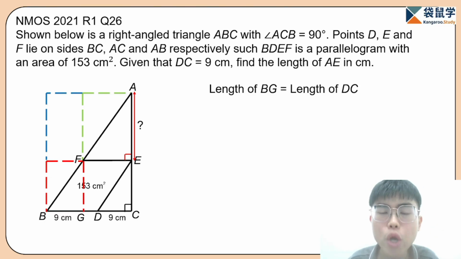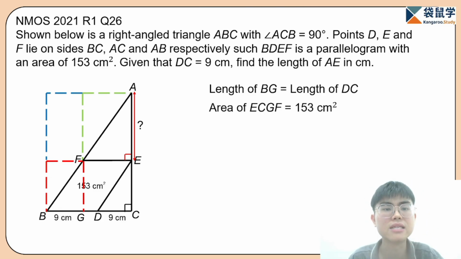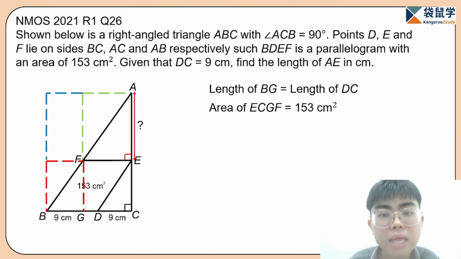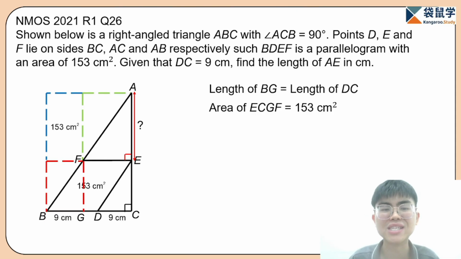This means that the triangle FGB is the same as the triangle ECB. Therefore the area of the rectangle ECGF is just 153 centimeters squared. This also means that the area of the top left rectangle here will also be 153 centimeters squared.